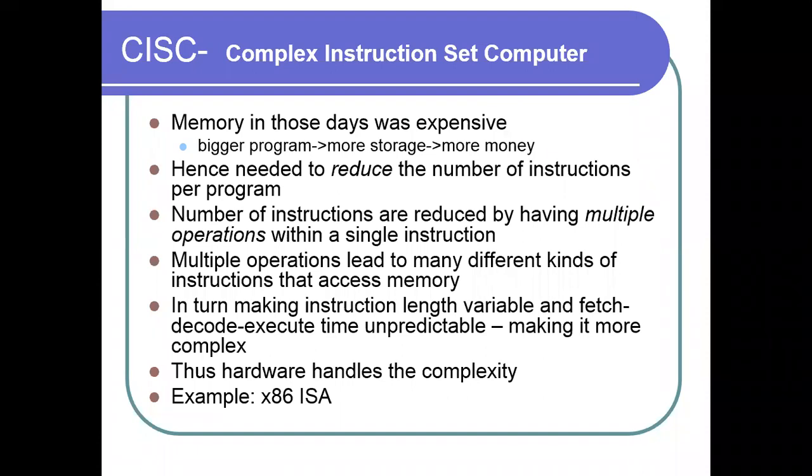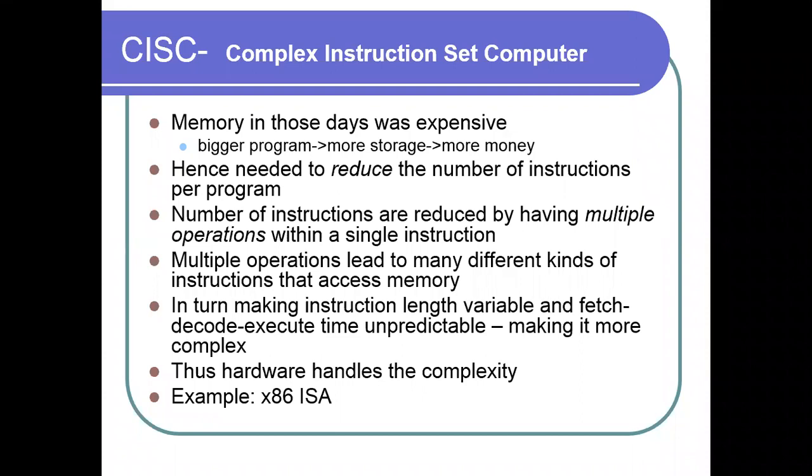Multiple operations lead to many different kinds of instructions that access memory. If you have multiple operations in a single instruction, there will be more memory accesses, because to access the operands you will need to go to memory, and so on. This in turn makes the instruction length variable. If you are writing multiple operations in a single instruction, of course the length of the instruction will increase.